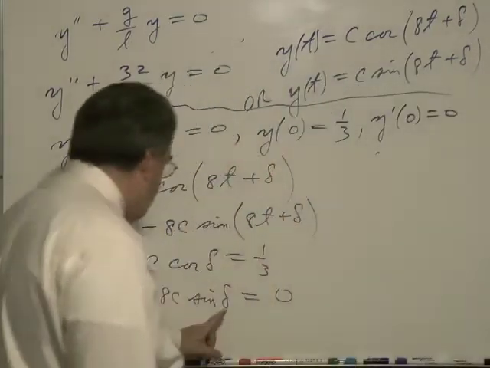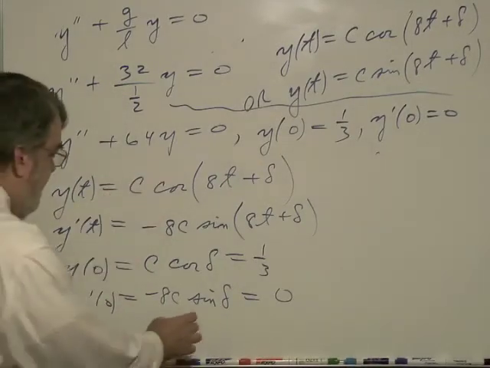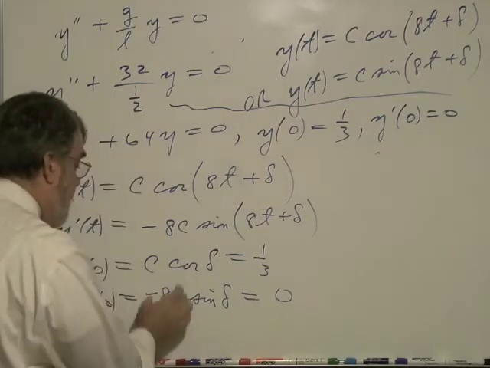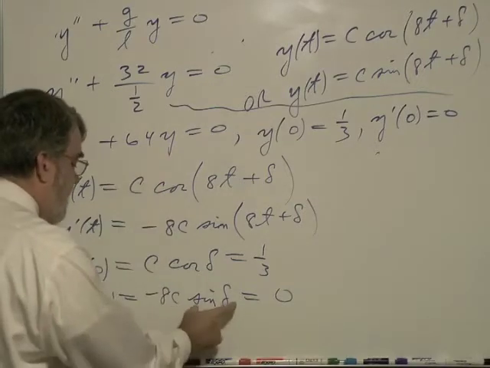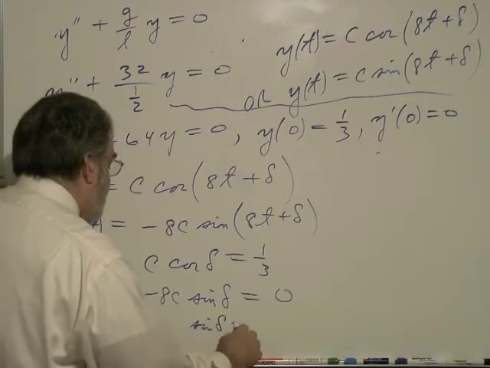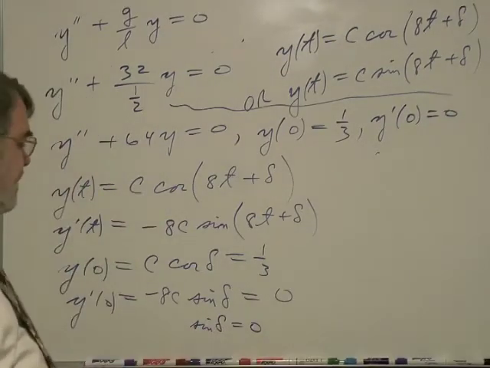Now, here's where we get our payoff by choosing cosine, because in this equation, c is non-zero, we're going to assume, because otherwise if c was 0, y would equal 0. So the only solution is where sine of delta is equal to 0. Well, that makes delta equal to 0. The angle is 0.